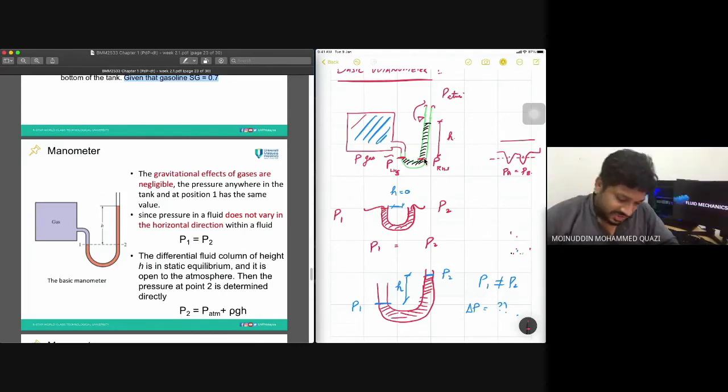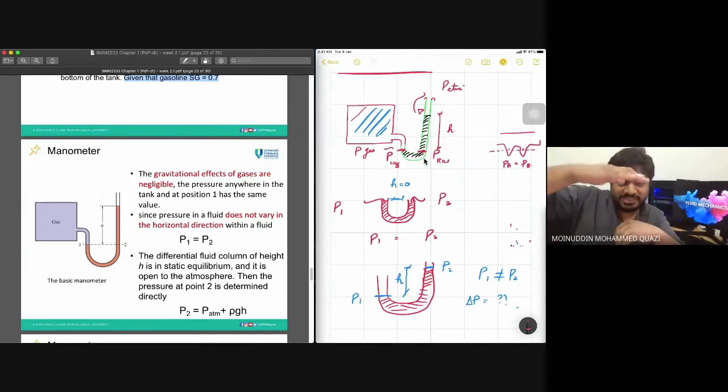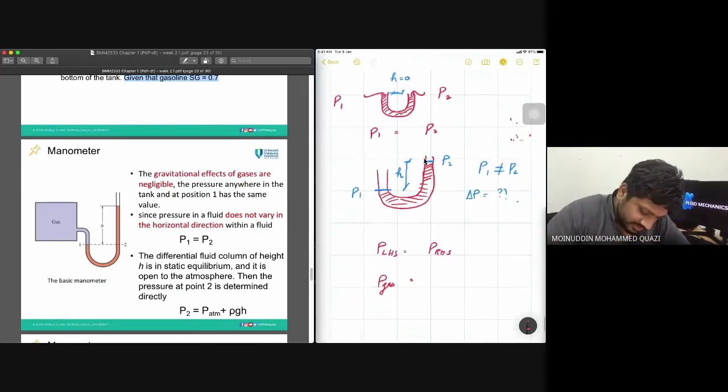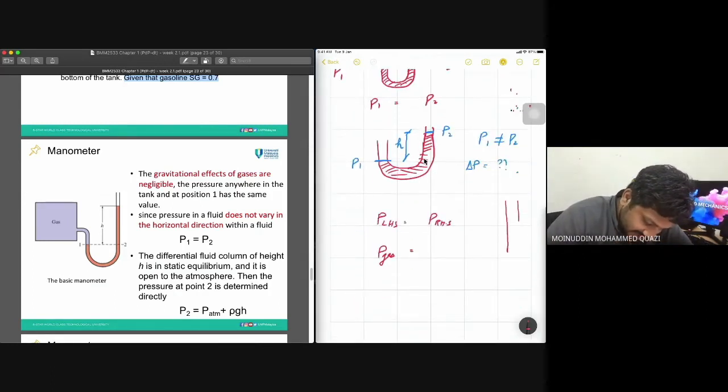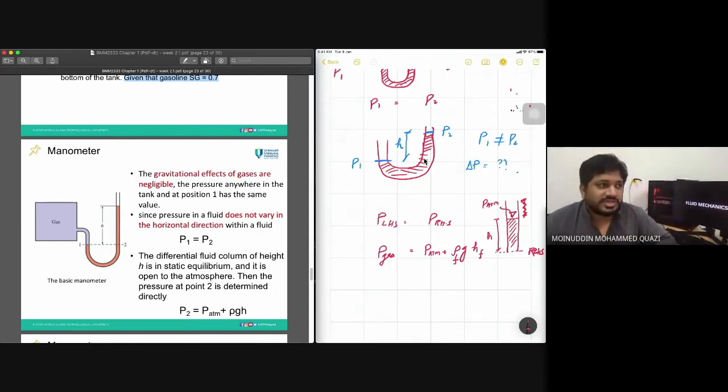So on the right hand side we have two pressures: the atmospheric pressure and the fluid pressure. So we write this as P gas is equal to atmospheric pressure plus fluid pressure, which is rho g h of the fluid.